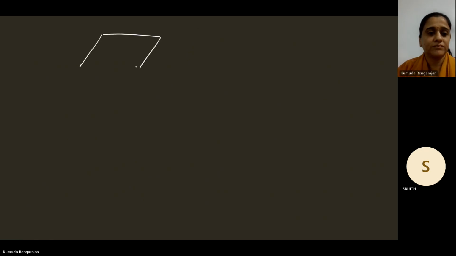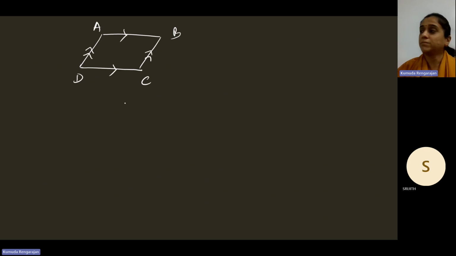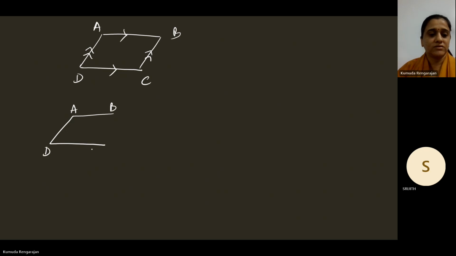See, in a parallelogram, this is a C formation. This is the parallelogram. This is parallel to this. This is parallel to this. Correct? So see here, you can form a C like this, where A, B, this is parallel to this.